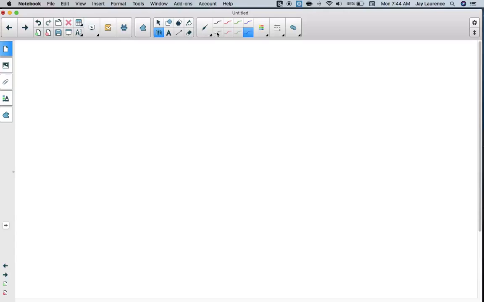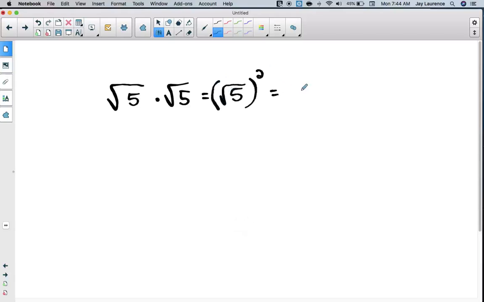All right, real quick, I want to mention, when we multiply, say, rad 5 times rad 5, I'm hoping that by now you're starting to realize that that's the same as this, which is the same as this, which causes these exponents to cancel out, and boom, the answer is 5.